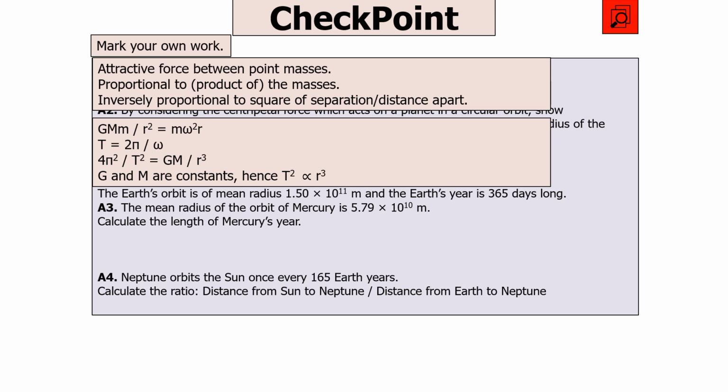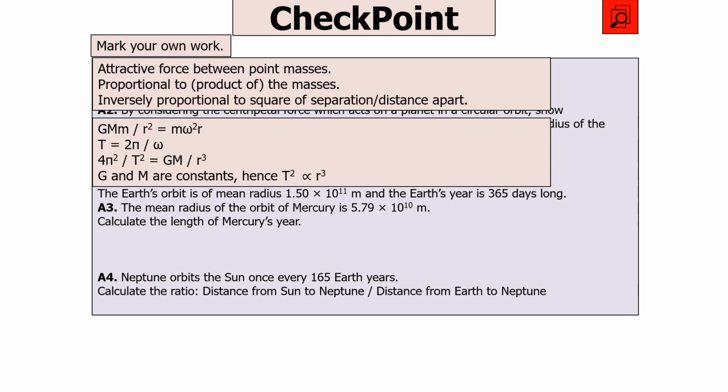We know T is equal to 2 pi over omega, so omega is going to be 2 pi over T. We can pop all those values into that equation, and then we can substitute that down. So we can say 4 pi squared over T squared equals GM over r cubed. We know that 4 pi squared is constant, and we know that G and M in these contexts are constant, so that tells us that proportionally T squared is directly proportional to r cubed.